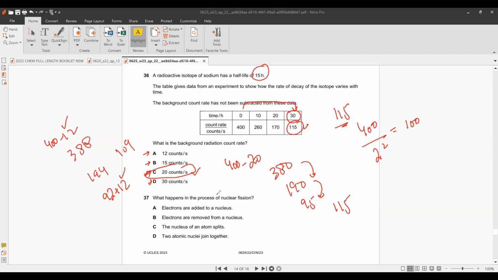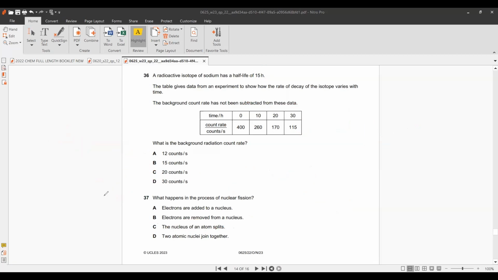20 counts per minute. What happens in the process of nuclear fission? The nucleus of the atom splits. They do not join together. There is no involvement of electrons when it comes to fission or nuclear reactions. We know that nuclear phenomena are purely due to the nucleus and there is no involvement of electrons.